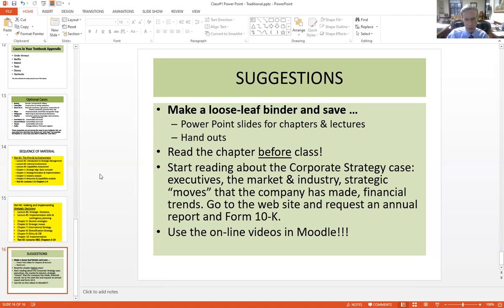You can print them 4 to a page or 6 to a page. You don't have to have a single page for each slide. Usually you can put 6 slides per page and pretty much still be able to read them. The ones you can't, of course, you can print in full size if you need to.